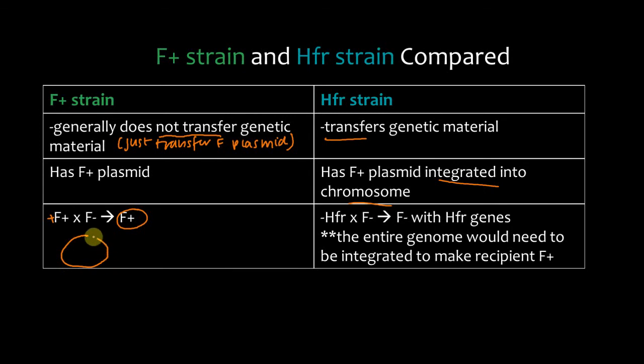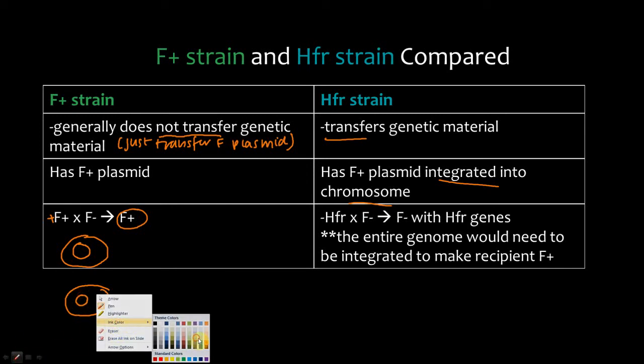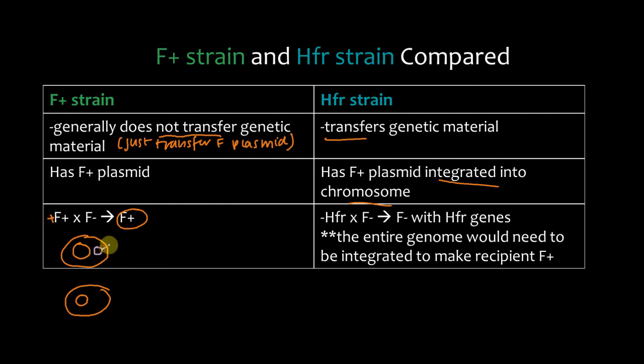So here are two bacteria, one of them which has the F plasmid, and one that does not. Well, when we form a mating fork here, this is going to replicate, and this will go into here.